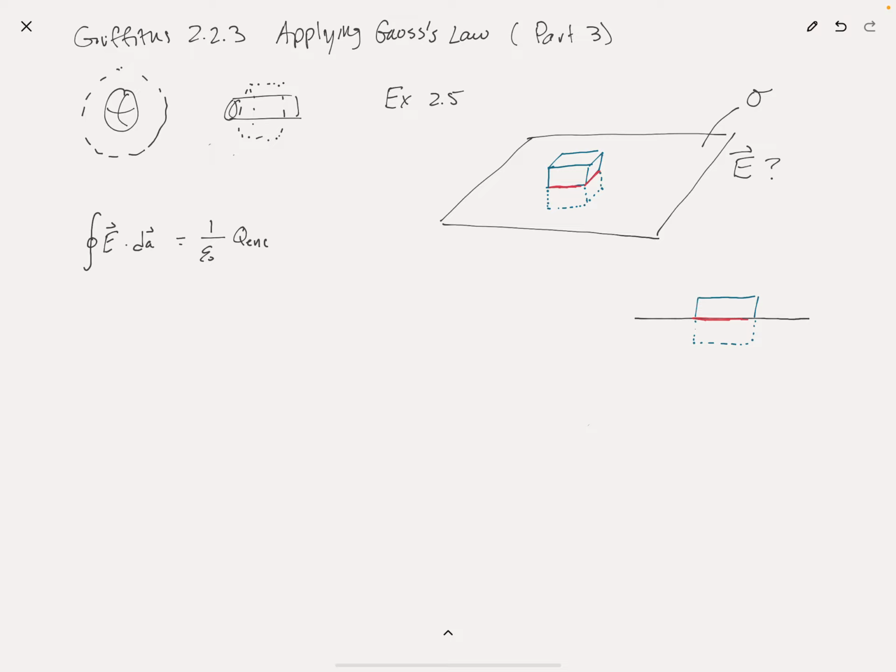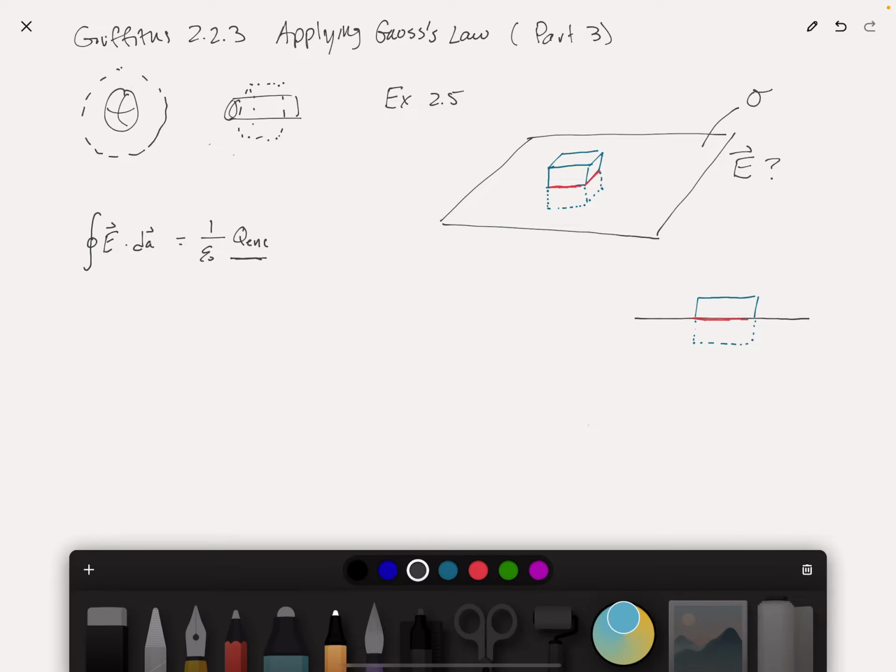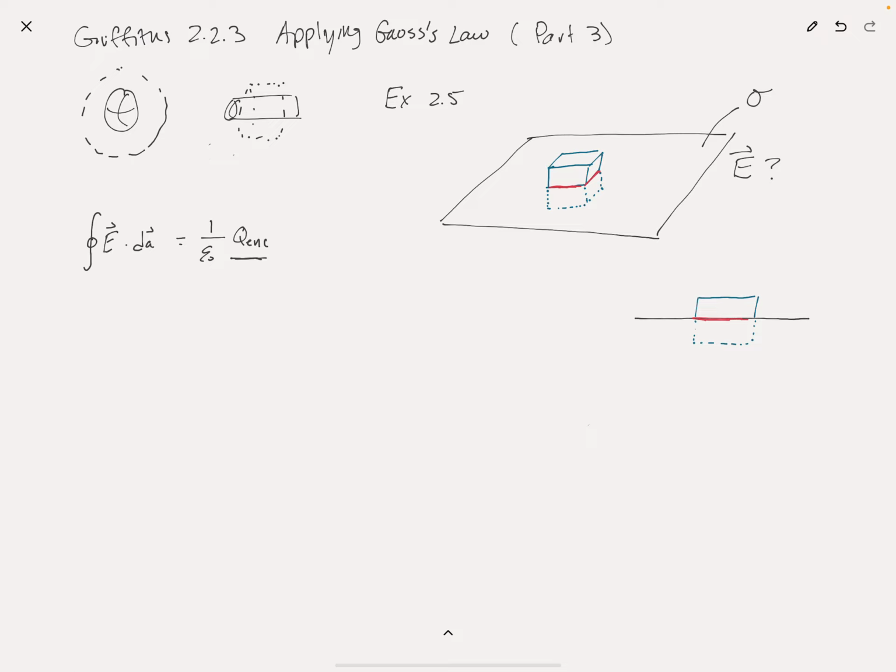Now, I can fairly easily calculate the charge enclosed by that surface. I have a surface charge density sigma. My box has a top area of A, so the total charge enclosed by my surface becomes A sigma.